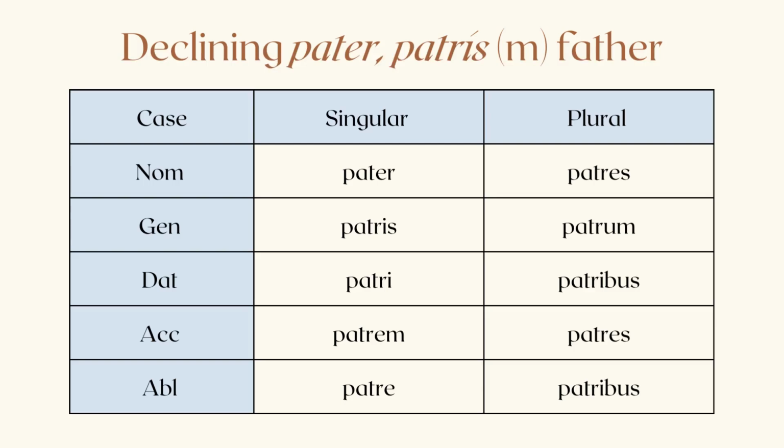For the rest of the forms, our stem becomes patr. So that's something to remember, that little r in there. And you may also have noticed that the emphasis when pronouncing a three-syllable word changes. So patribus needs to have the first syllable emphasized.